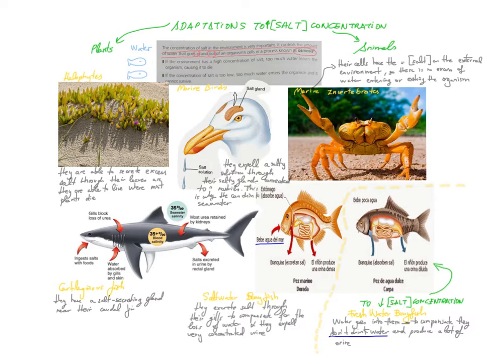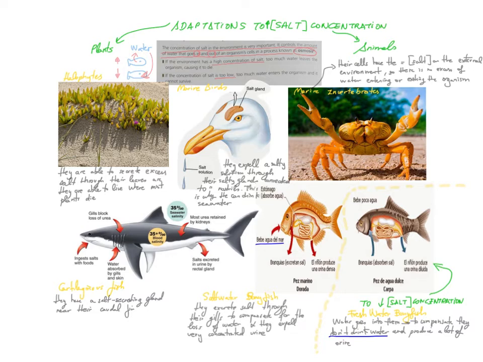For example, if the environment has a high concentration of salt, too much water leaves the organism, causing it to die. On the opposite, if the concentration of salt is too low, too much water enters inside the organism and it cannot survive.